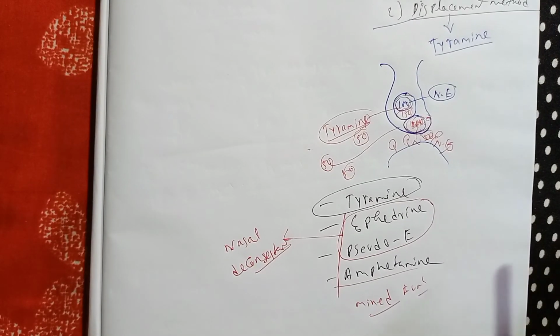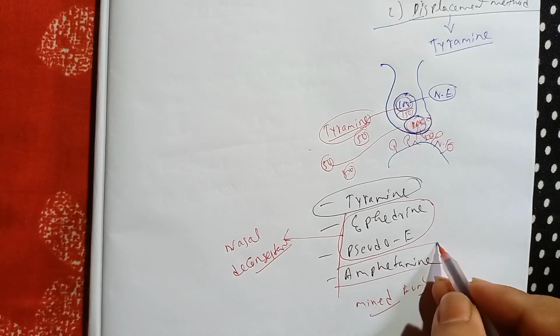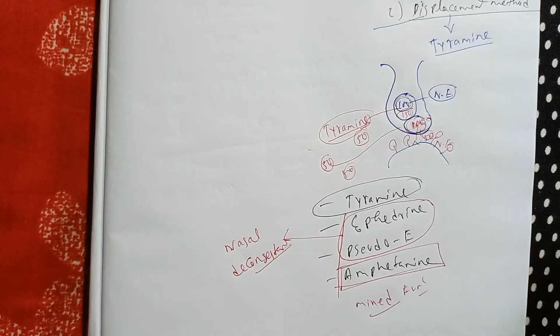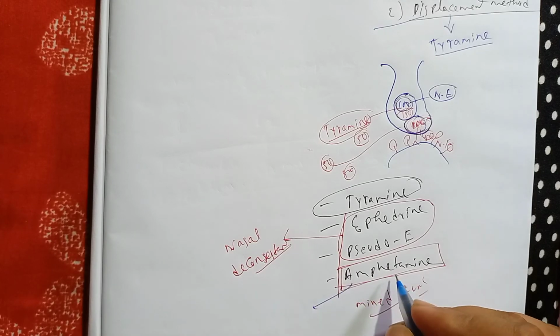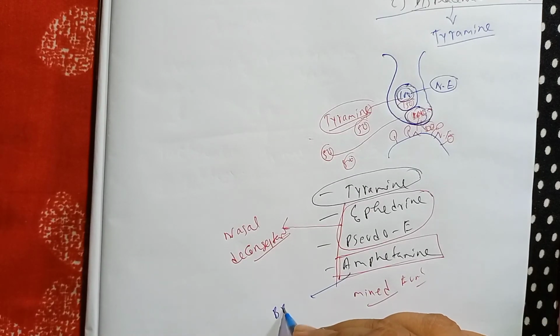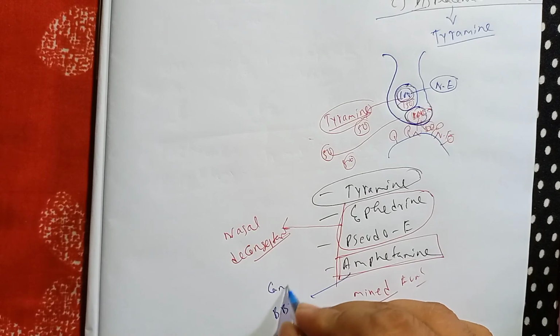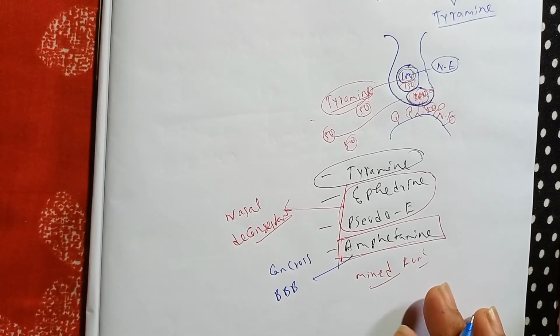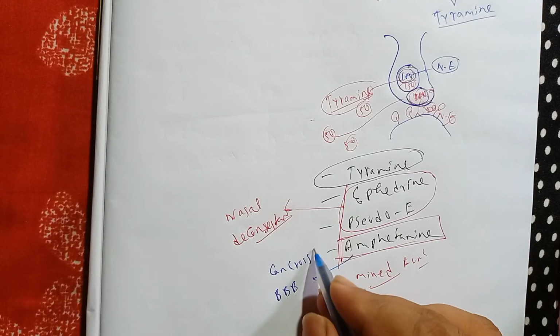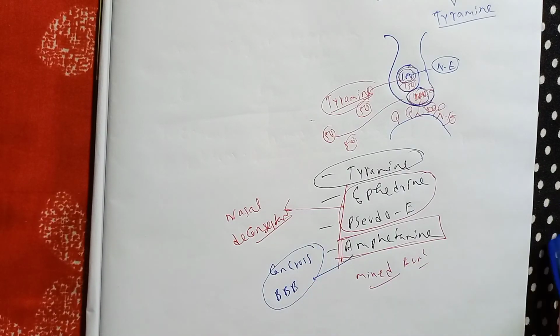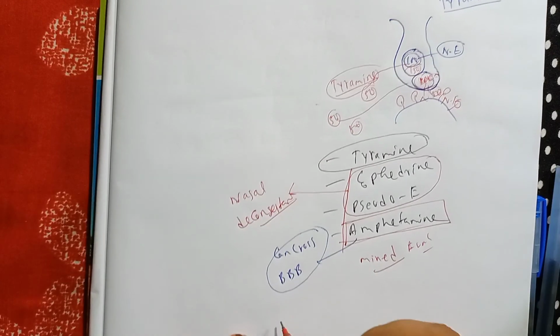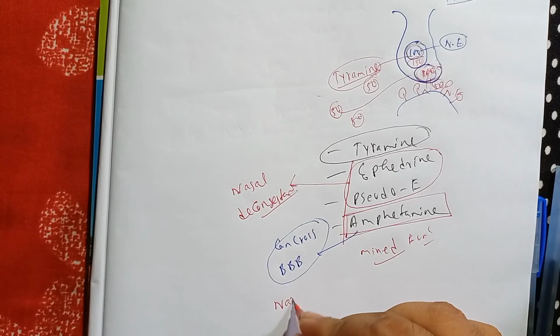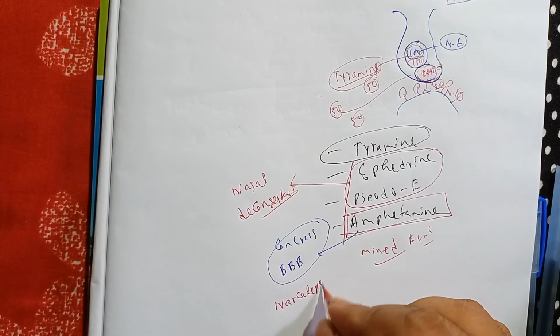Now you do have the drug amphetamine. That's a very, very important, vital drug. The main thing is that amphetamine has the capacity to cross the blood brain barrier. Actually this drug is used in a condition called narcolepsy, where there are sleep attacks.